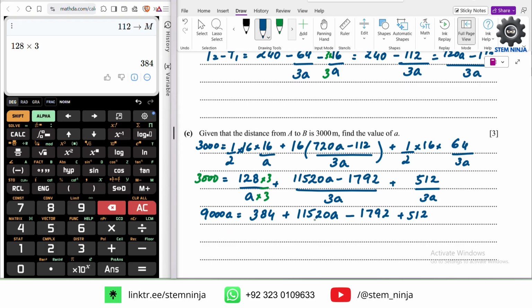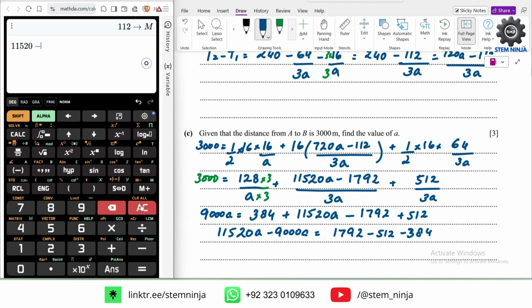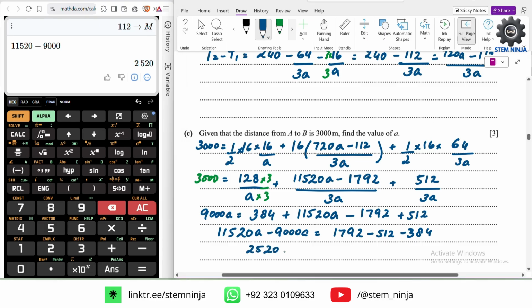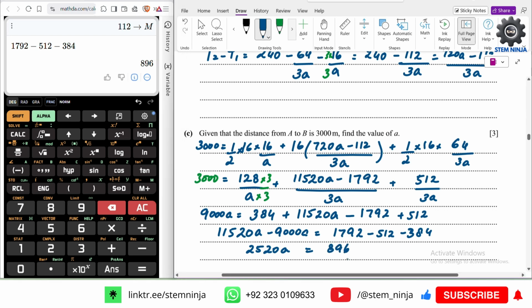We take everything on one side, so 11520a minus 9000a, and then 1792 minus 512 minus 384. So 11520 minus 9000 is 2520a, and 1792 minus 512 minus 384 is 896.